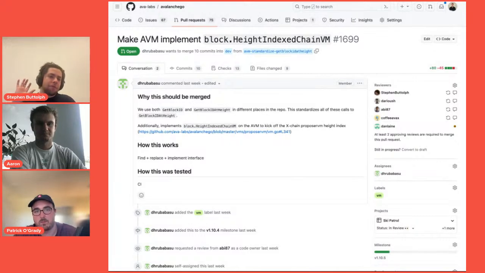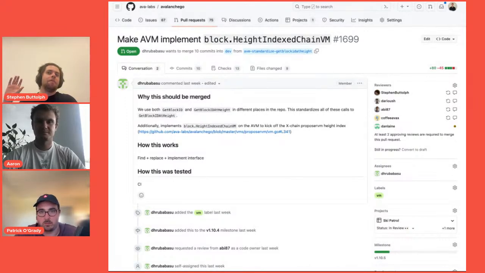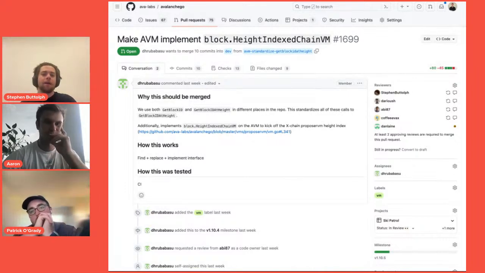We still have to rely on the parent ID to provide inclusion and know that it is one of the blocks that was verified, but you don't have to have this single process going on.